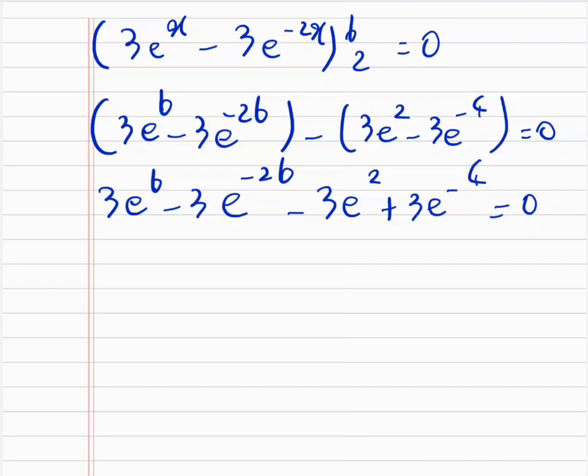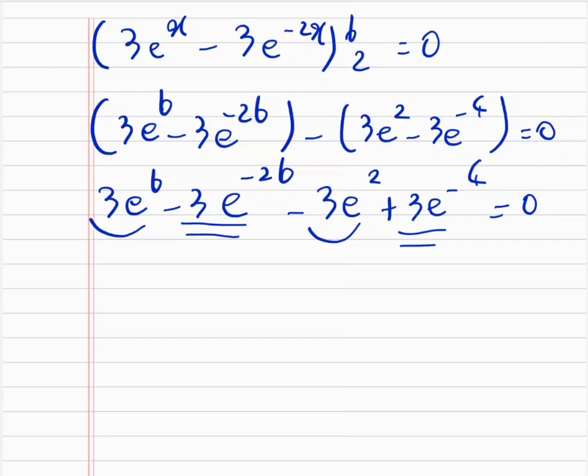But if you just notice, let's look at this term, 3e to the power of b, and then this term, which is minus 3e squared, and then also look at the term minus 3e to the power of minus 2b, and pair that with 3e to the power of minus 4. As you can see, there is an interesting pattern, because the first pair, which is 3e to the power of b and minus 3e squared, have opposite coefficients.